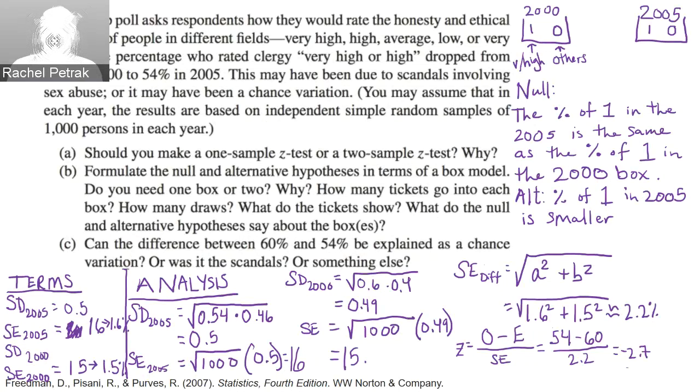This is really essential. So it's statistically significant. Thank you. And is that telling us that we should reject or retain the null?